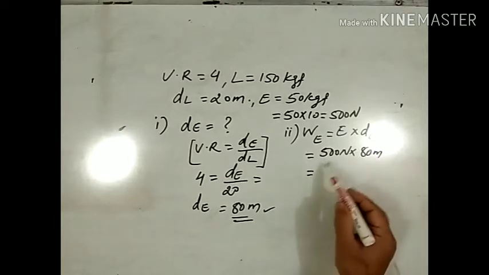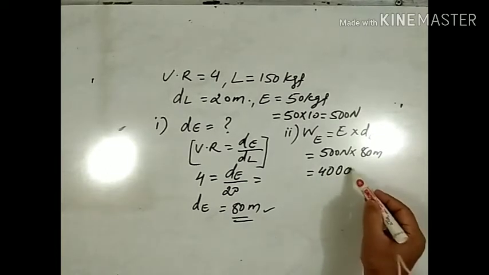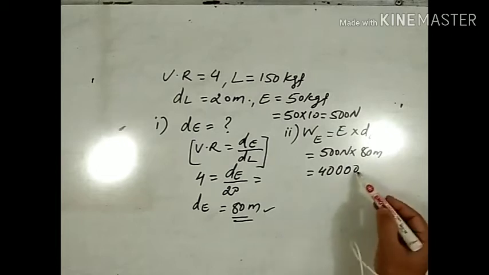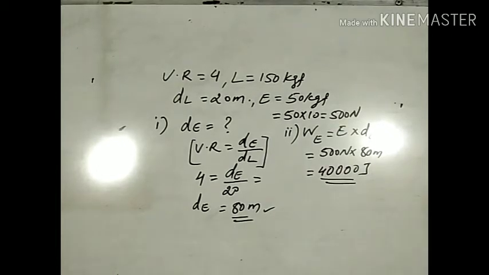That is equal to 500 into 80, which is 40,000 joule. Remember that the unit of work is joule. Second part is over. I hope these steps are clear to you.